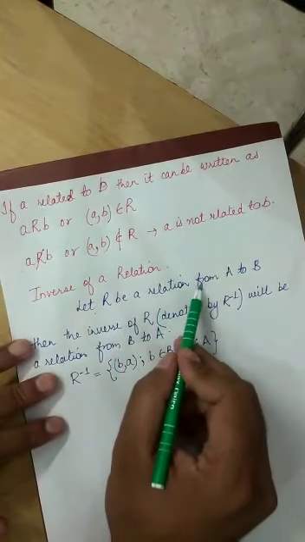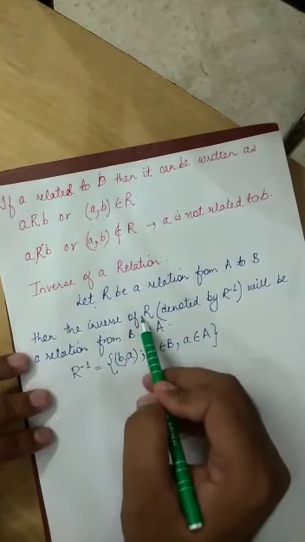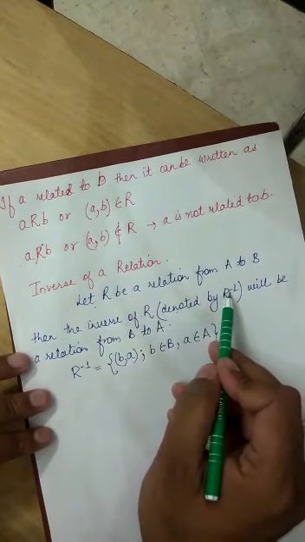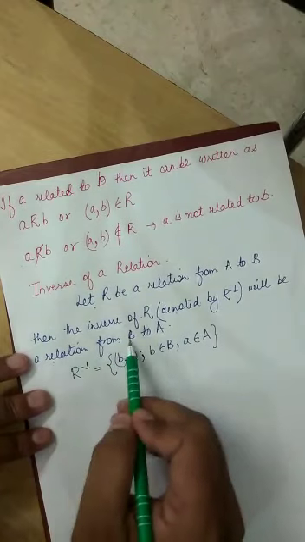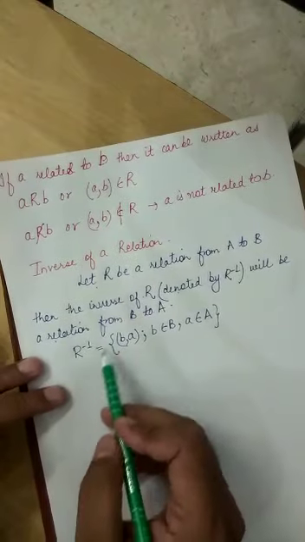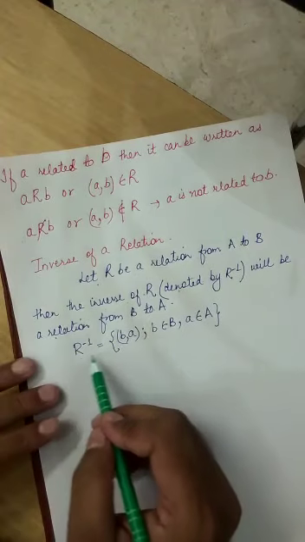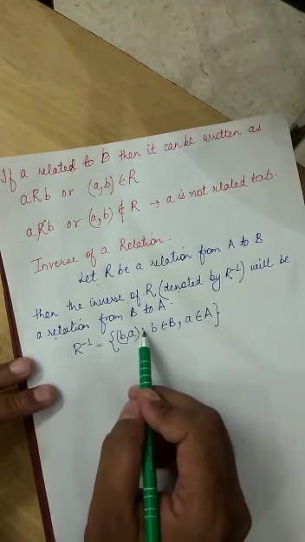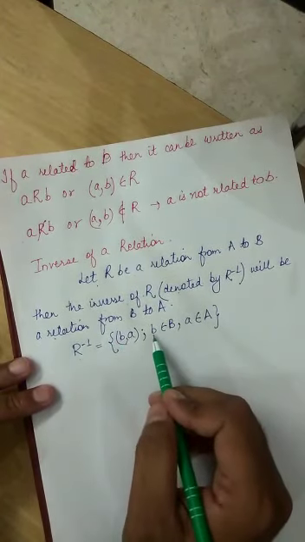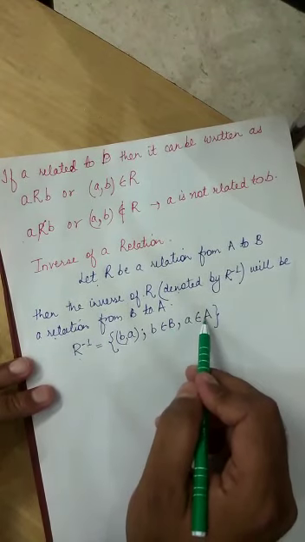Let R be a relation from A to B, then the inverse of the relation, denoted by R inverse, will be a relation from B to A. For example, in set builder form, R inverse is written as the ordered pair (b, a) such that b belongs to set B and a belongs to set A.